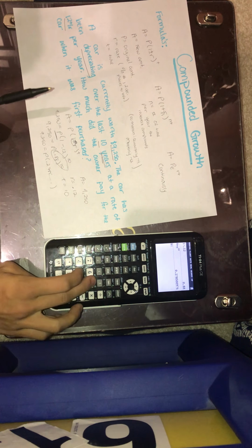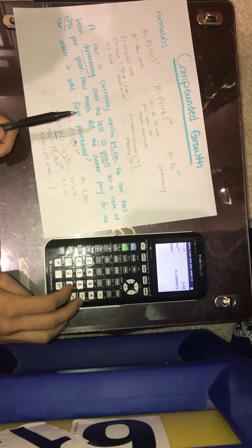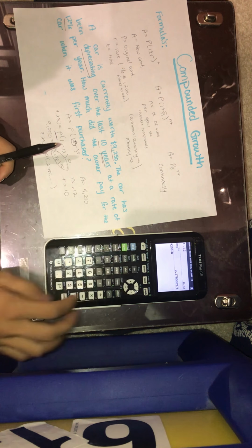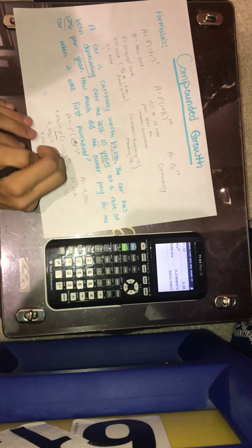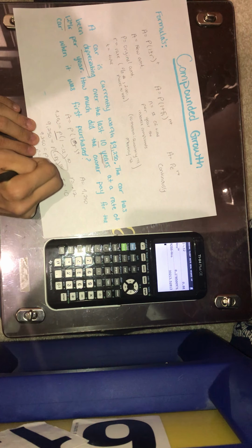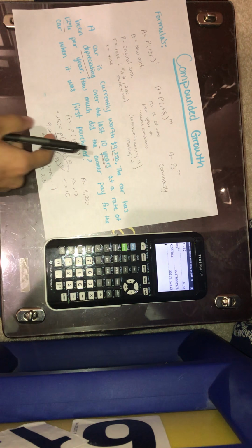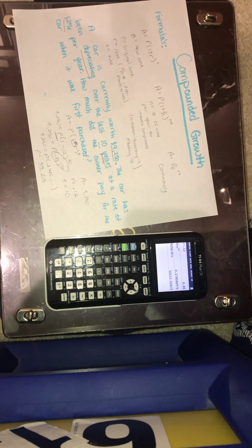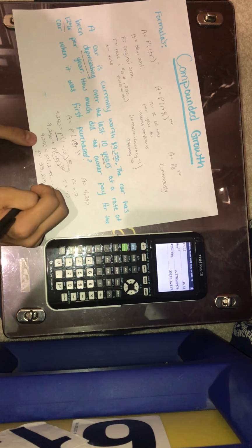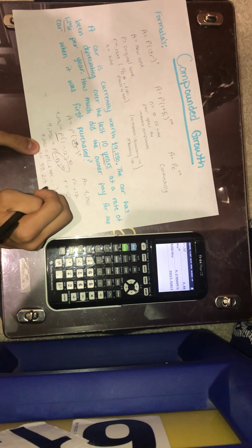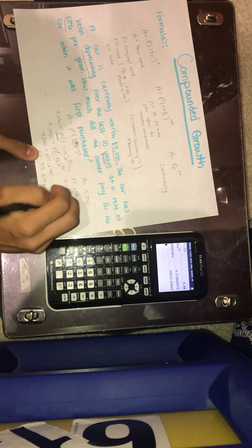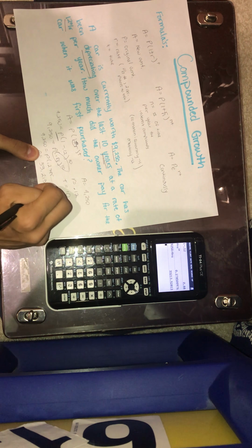And then just divide 9,250 by that number. And our answer should be 33,213. And since we're talking about money, just always assume that it's going to be to the 100th place in decimals. So it's going to be 33,213.53.